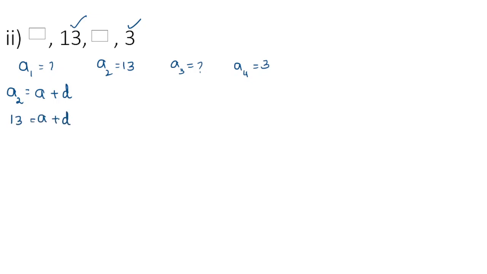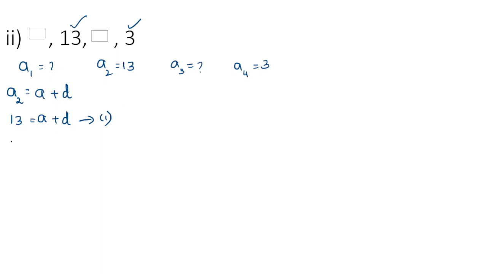So we don't know A1 here. A2 is given as 13, and A3 we also don't know, and A4 is given, it is 3. Now the same way as we did in the previous question, we have to write the formula. So here we write the formula for A2 and A4. A2 can be written as A plus D, so 13 is equal to A plus D. This is equation 1.